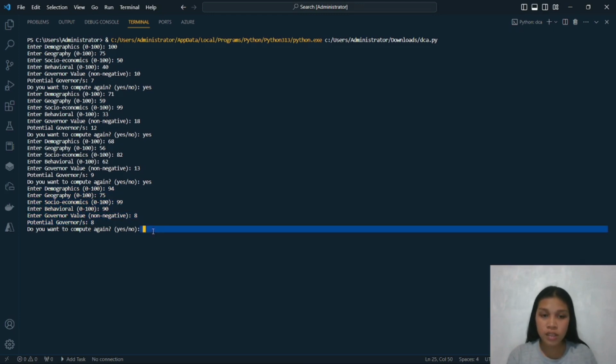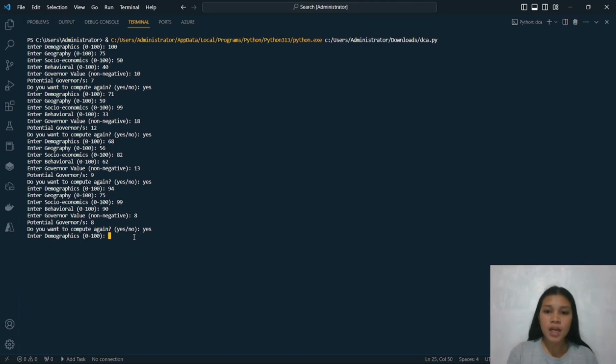And let's try the last, or fifth, test case. In this case we will compute the low socioeconomic impact. The demographic is 93. The geography is 56.